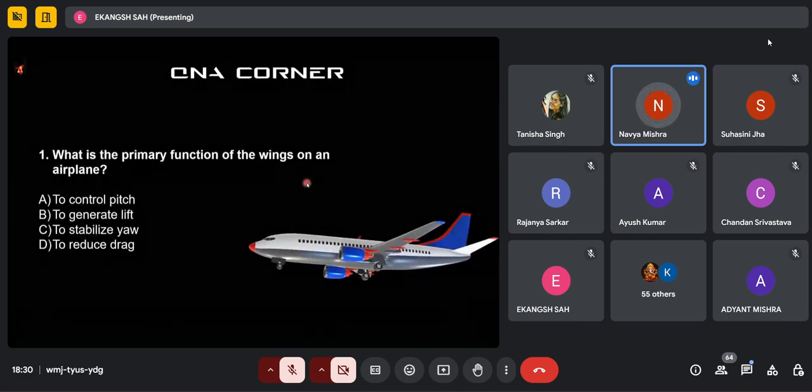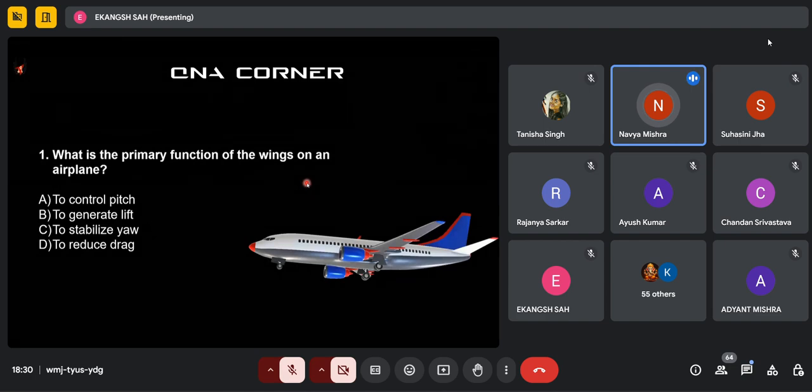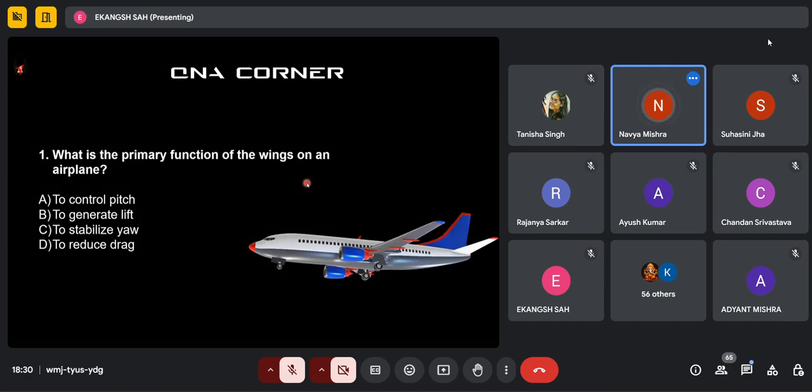Next slide. Now we have a question for you: what is the primary function of the wing of an airplane? Some of you have already answered, I know. This is for the rest of them. You can answer in the chat box.